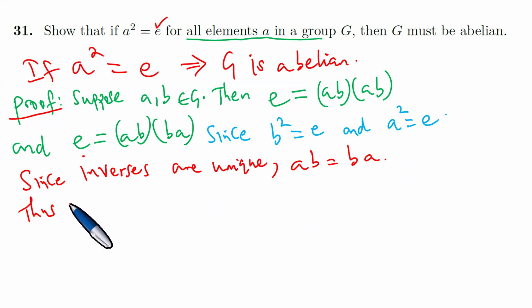G is abelian. Thus G is abelian. So since inverses are unique, because if ever AB times BA is the identity, it actually means that AB is equal to BA. Why?